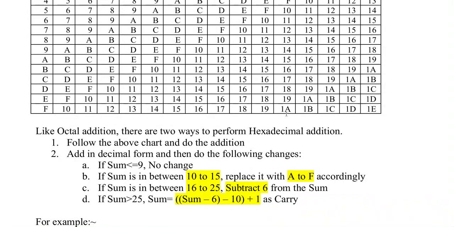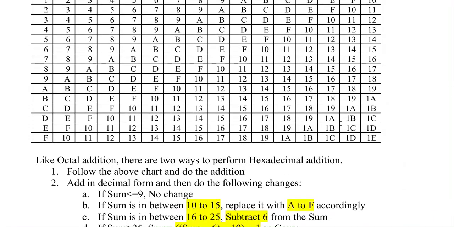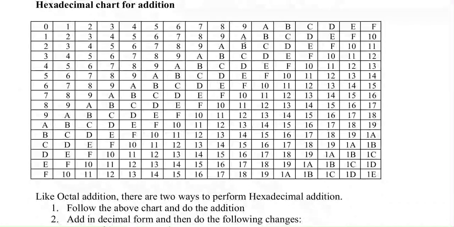If you remember this, it will be helpful for you to do any hexadecimal addition without remembering or writing this chart. Here, if you look into the chart, after 9 we have A, B, C, D, E, F, which are actually decimal 10, 11, 12, 13, 14, 15.